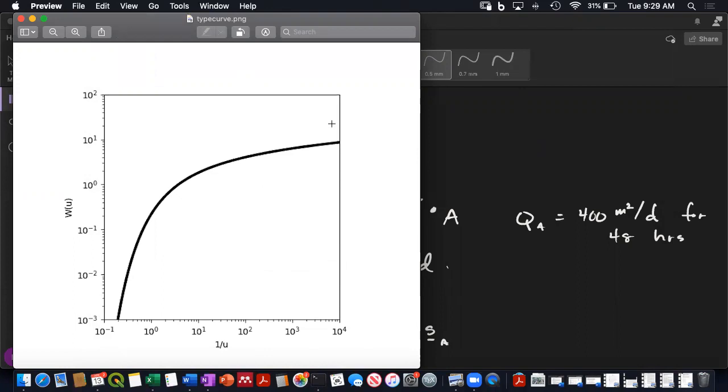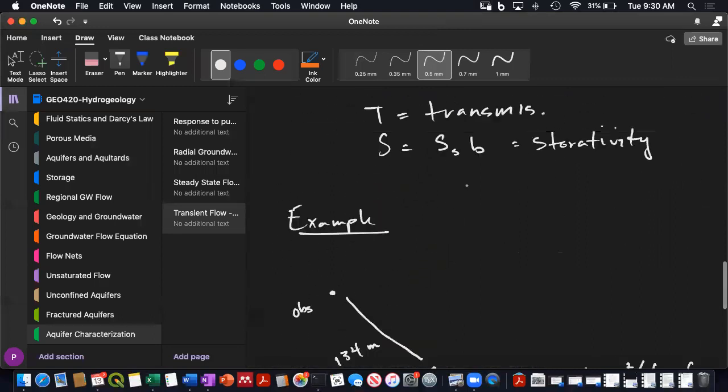So did anybody get a value for U yet? For U. So what's 1 over U? 8,748. Let's look at it here.